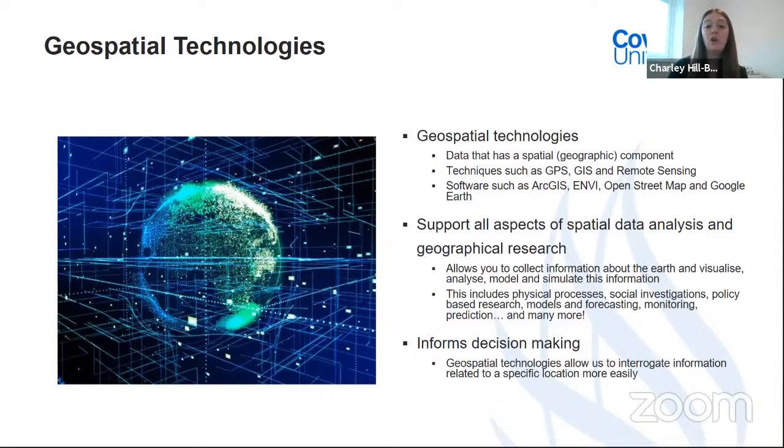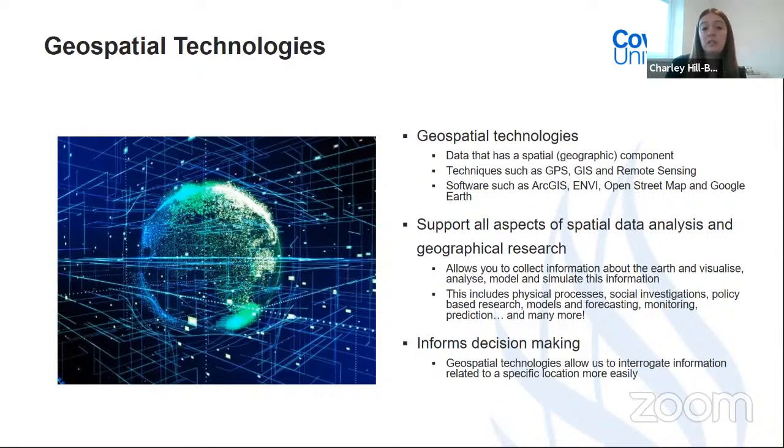And there are software packages that you might have come across before. I'm sure that all of you have used Google Earth or Google Maps before, if not Bing Maps or Apple Maps, something equivalent. But there are also specially built software packages such as Esri ArcGIS or ArcMap that some of you might have used as part of your A-levels, but other software as well that allow us to look at that data.